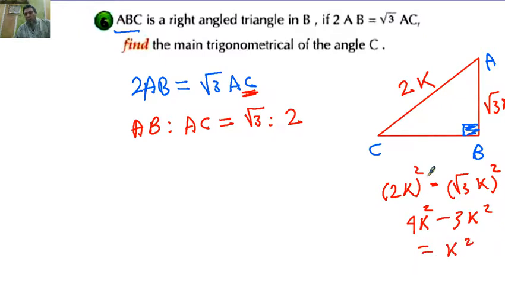By taking the square root, CB equals 1K. Those are the lengths of the sides of triangle ABC: 1K, 2K, square root 3K.